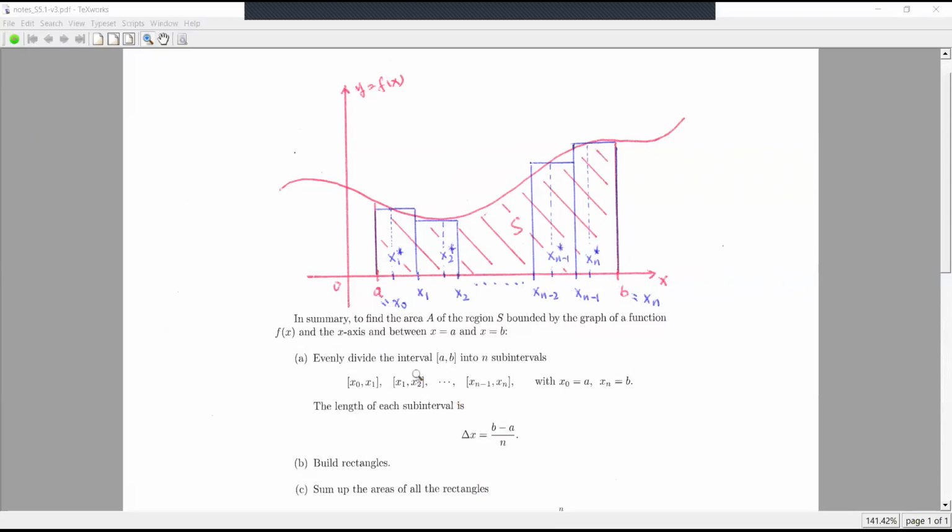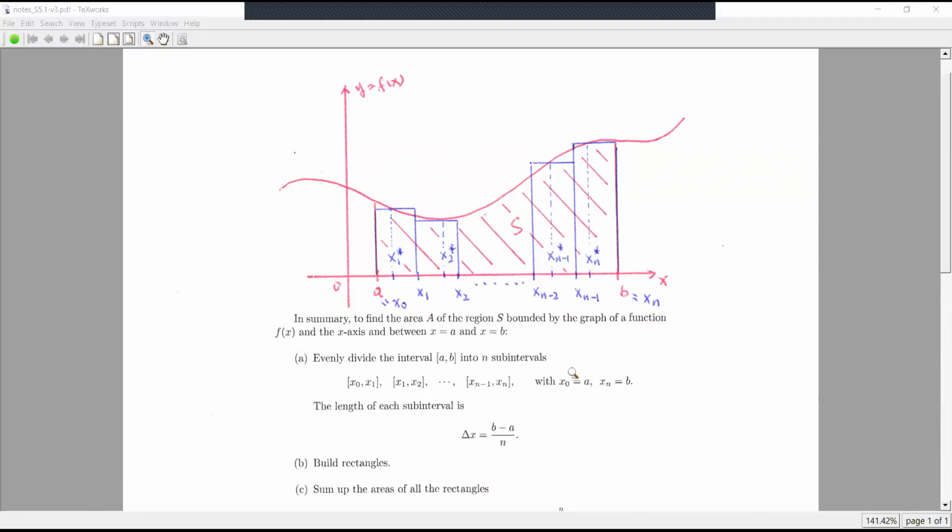Because we cut the interval evenly, the length of each subinterval is computable. From a to b, the length is b minus a. Now b minus a is cut into n parts, so (b minus a) divided by n is the length of each subinterval.